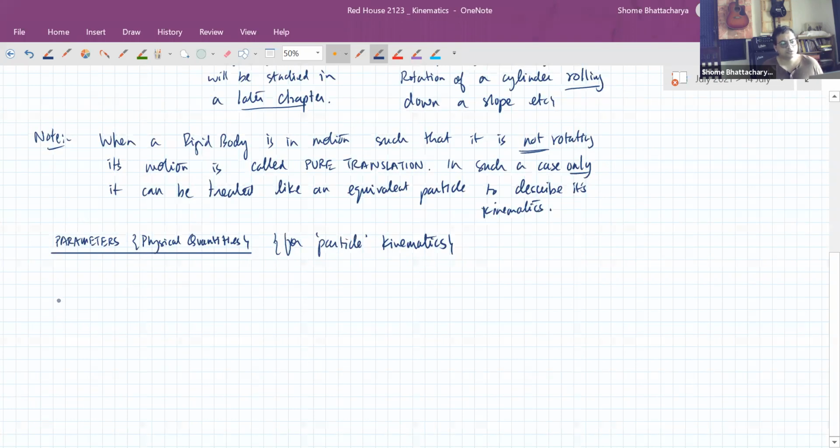Okay. So the first thing we describe over here is position. Position is described as a vector. Another way of defining it is the position vector, which we denote with the symbol R. This is a vector joining the origin of the coordinate frame.